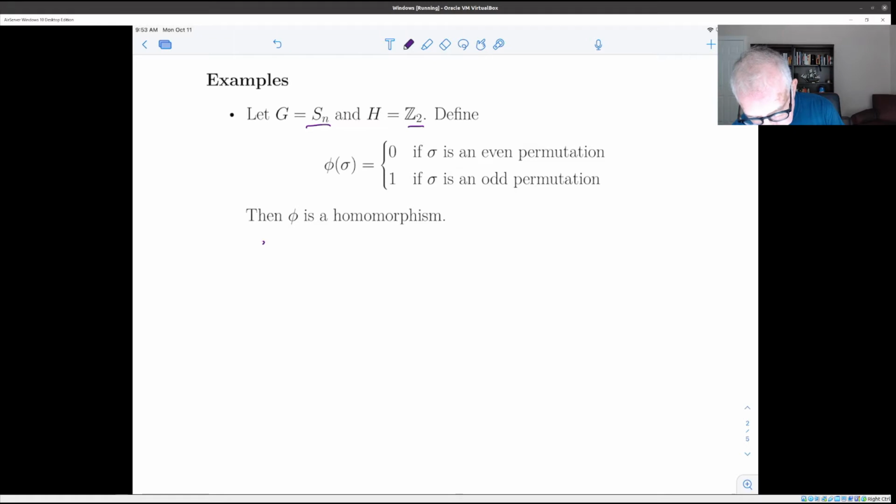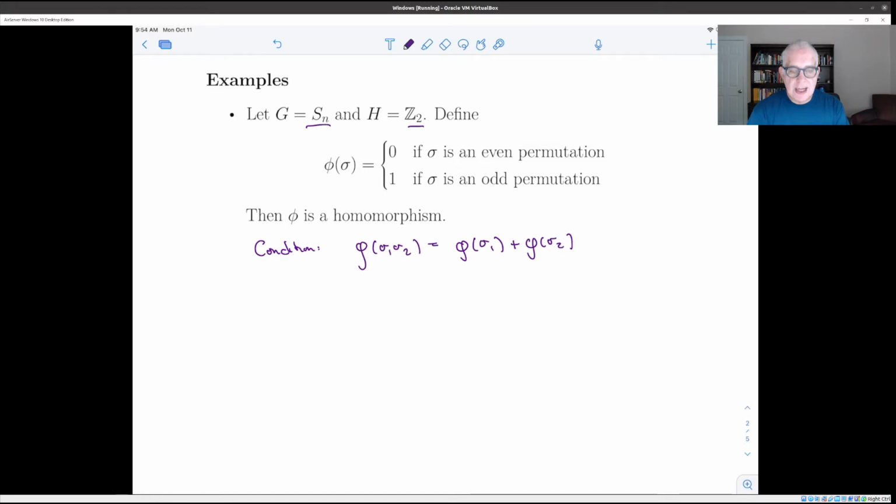The condition to be a homomorphism is that phi of sigma 1 sigma 2 is supposed to equal phi of sigma 1 plus phi of sigma 2. Because this is an element of the group Z2, I'm going to write it additively. We write the multiplication in the symmetric group multiplicatively, but in Z mod 2, we traditionally write it additively.